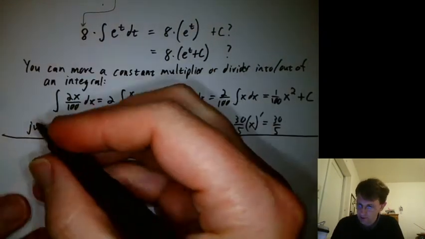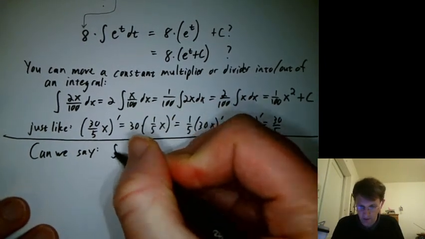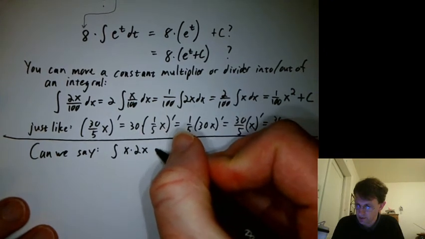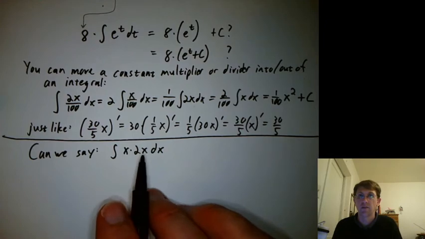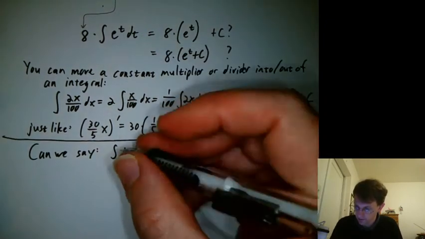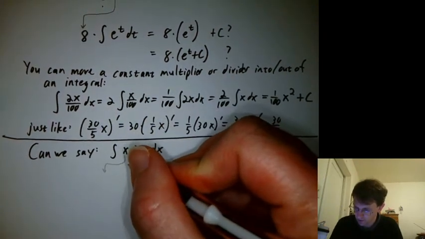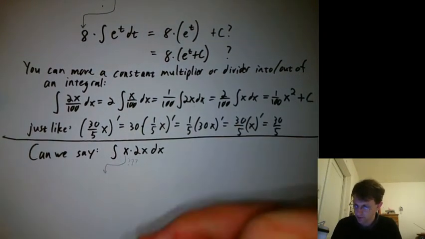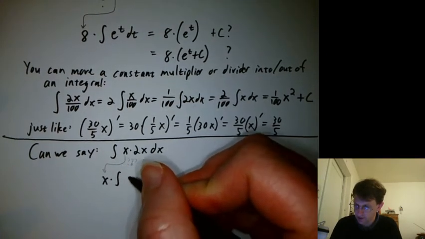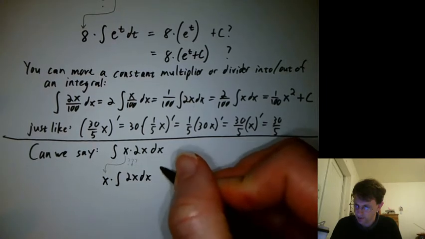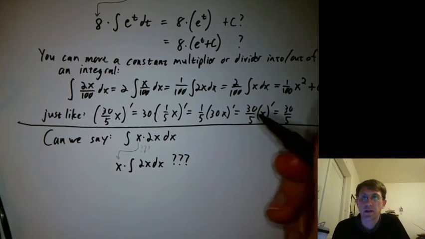All right, what else can we say? Can we say the integral of x times 2x dx? What can we do with that? Can I move the x out front? So we'll put question marks there. Can I say that's equal to x times the integral of 2x dx? See if you can check that. It's kind of tricky.